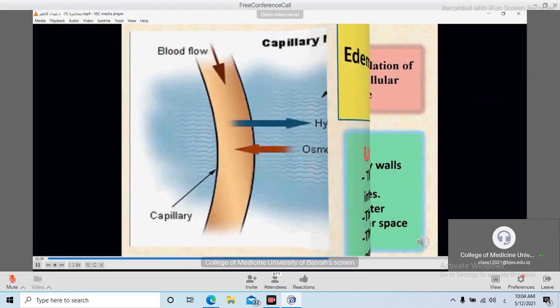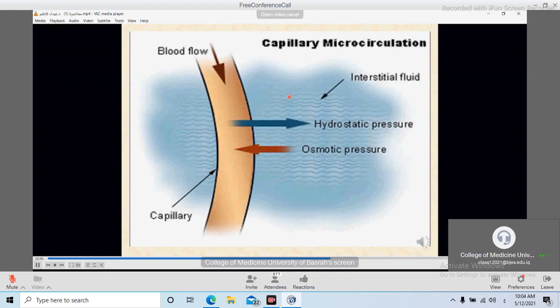The blood brings the nutrients to the connective tissue, which include various nutrients, and gets rid of metabolic waste away from the tissue, returning to the blood. There are two forces that affect the water: hydrostatic pressure and osmotic pressure.